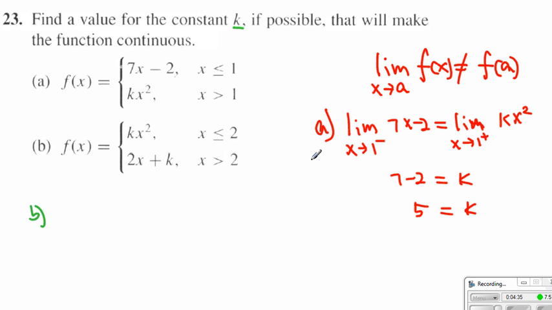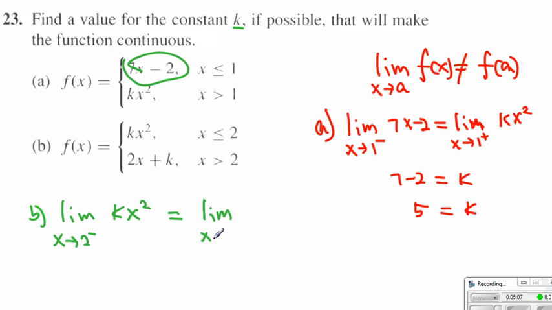B. The first logic will be the same, so I'm just going to start from the limit concept here. Once again, we're not looking at f of a, because f of 1 would be the upper value here, so we don't have to redo that. Limit as x approaches 2 from the left. That means we are looking at the upper value, kx squared, which has to be equal to the limit as x approaches 2 from the right side.